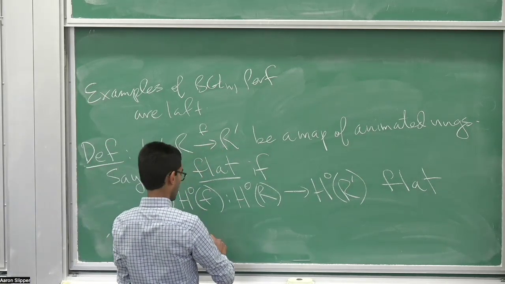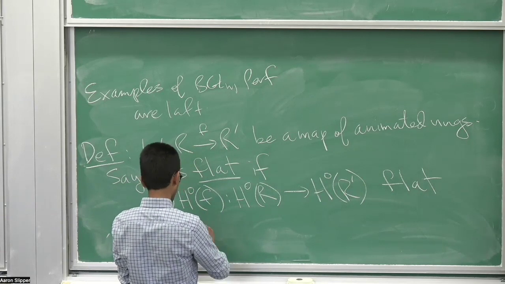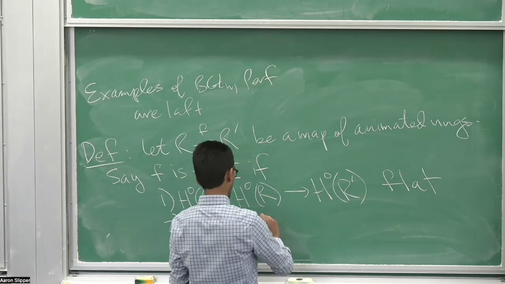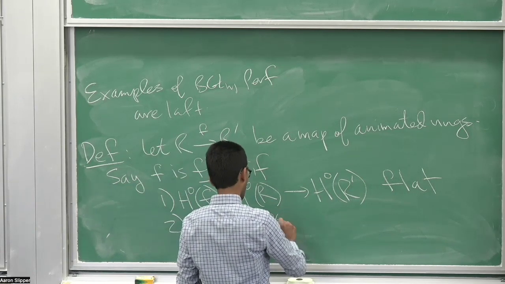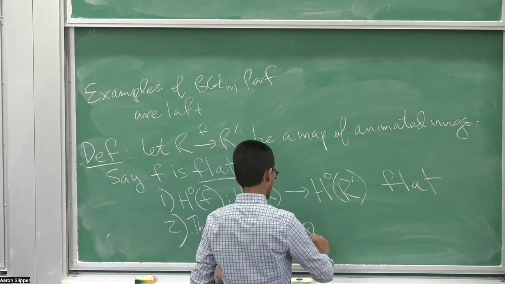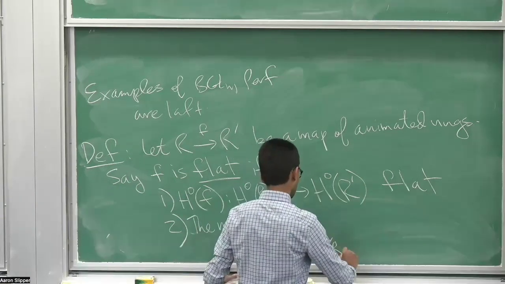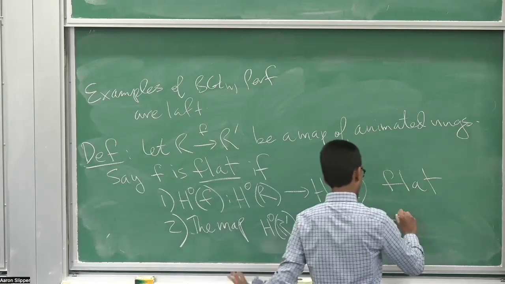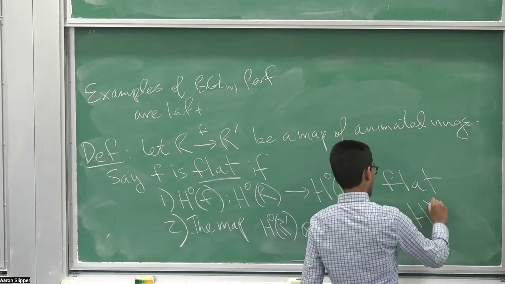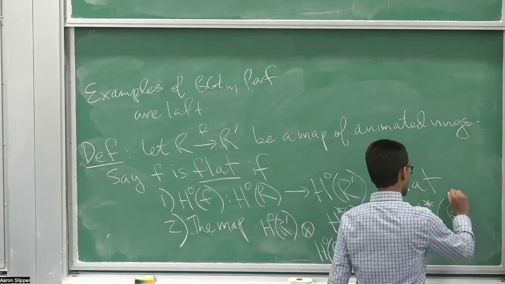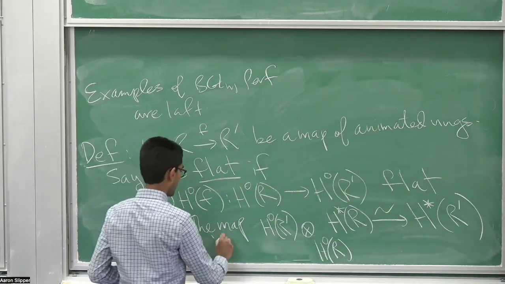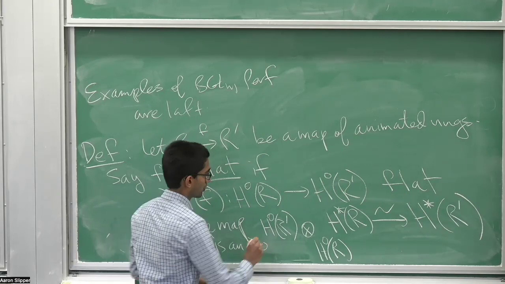The way to write this is that the map from H0 of R prime tensored over H0 of R with H star of R, mapping to H star of R prime, has to be an isomorphism.